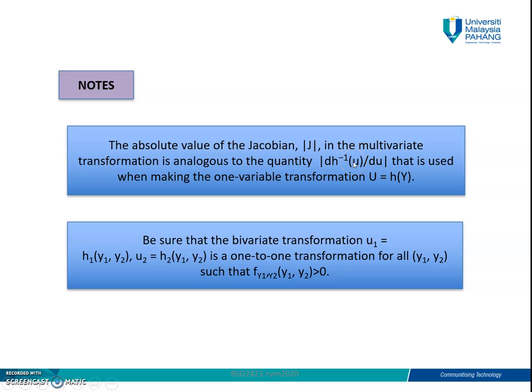So when we have multiple variables, we use the Jacobian. Be sure that the bivariate transformation u1 equal to this function and u2 equal to this function is one-to-one for all values of y1 and y2, and that the joint density function of y1, y2 is greater than 0.